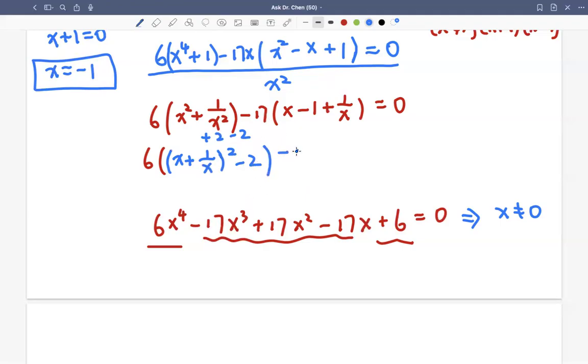So the second one, minus 17. You see, we have x plus 1 over x, x plus 1 over x minus 1. Right, we erase this.